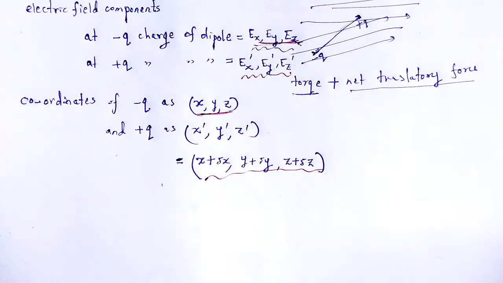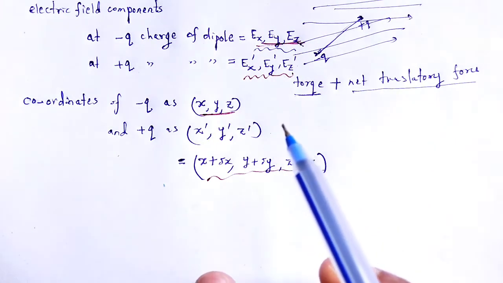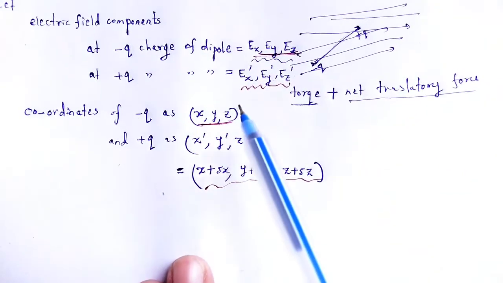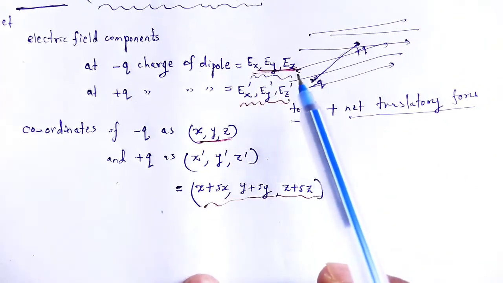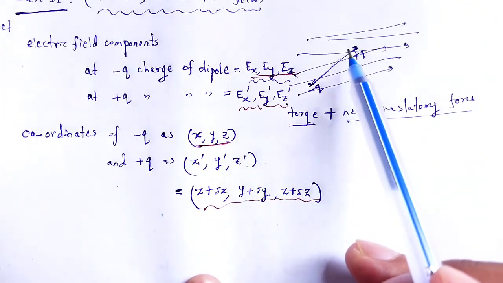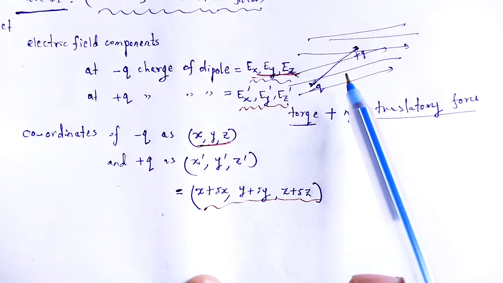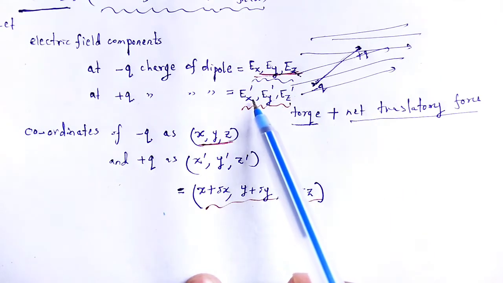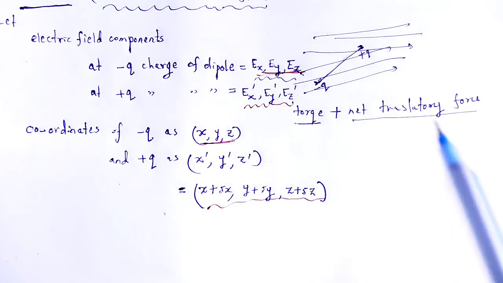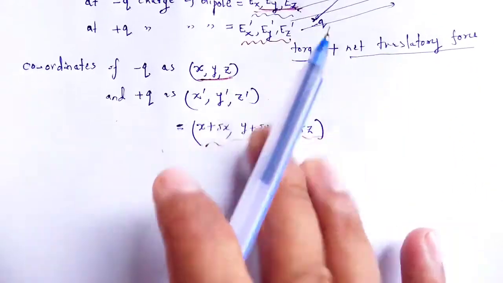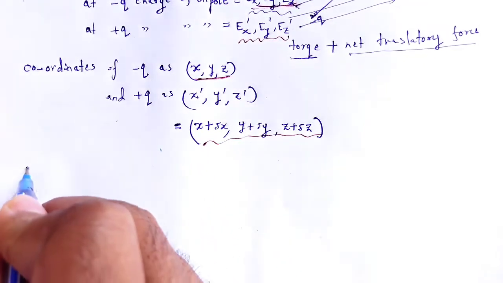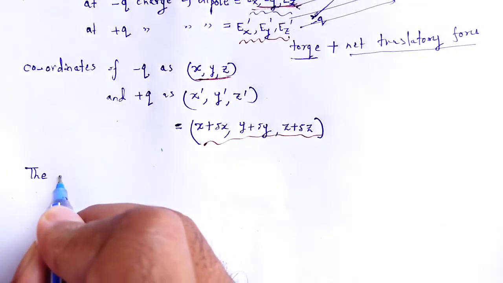Here the x component of the electric field at charge plus q is Ex dash. What is Ex dash?